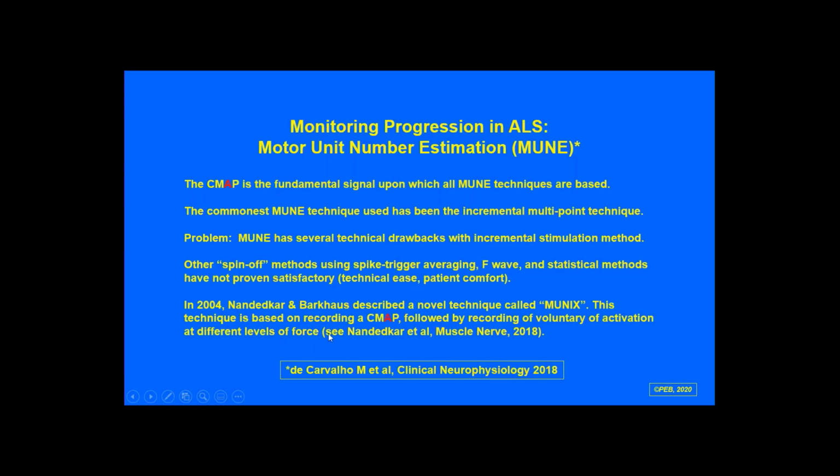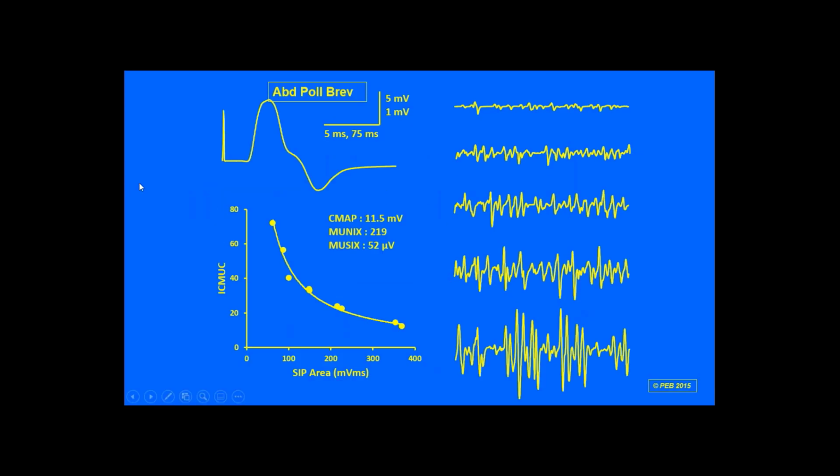And there's a recent review on MUNE by Dr. Carvalho I recommend to you, as well as a recent paper by Dr. Nandedkar a couple of years ago, kind of summarizing the technique of MUNIX. So these are meant to be sort of gestalts because we don't have time to deconstruct it and show you the details, but if you just kind of understand the concept, hopefully you can go with the flow here.